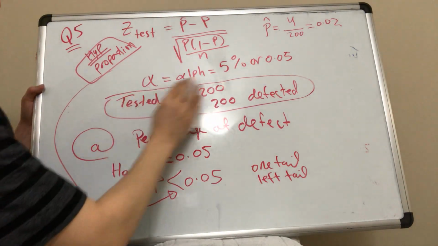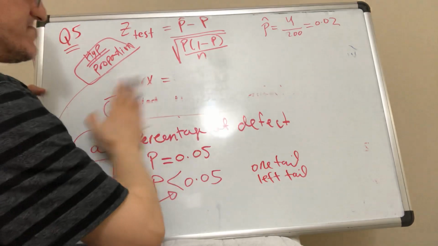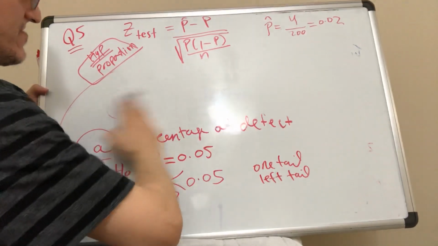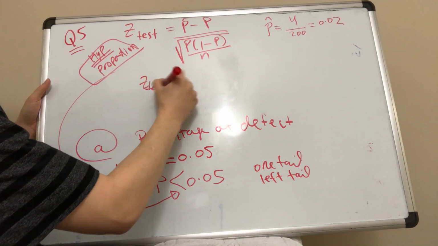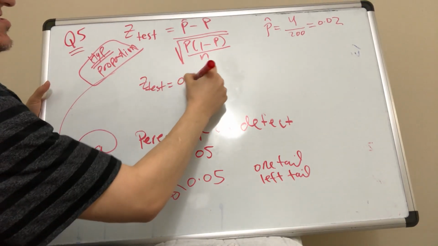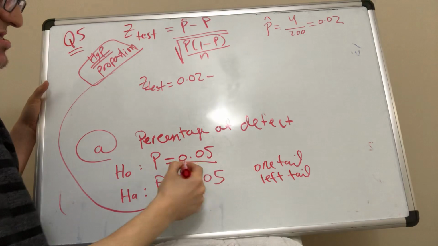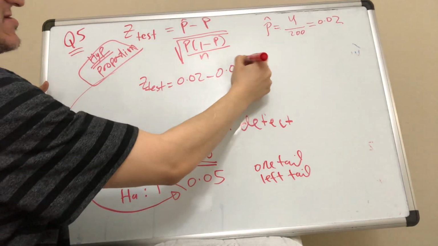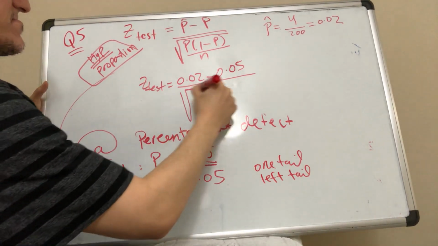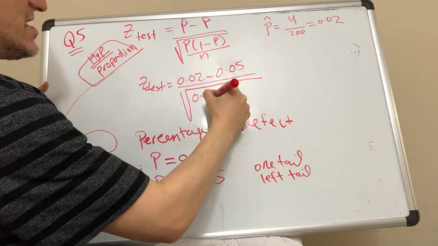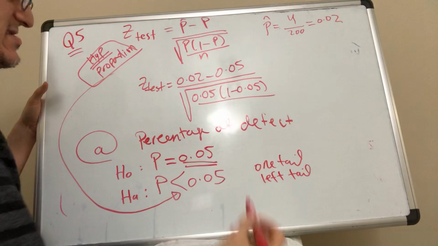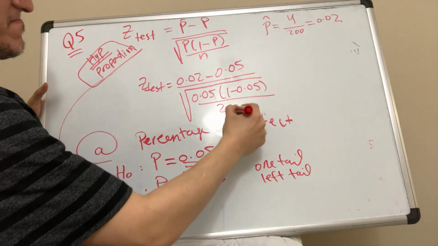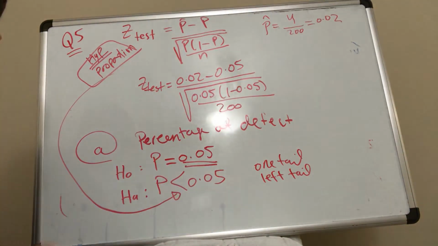Now we put everything in, remember alpha being 5%. So your z-test: p hat is 0.02, p is 5%. This is 5%, 1 minus 5%, and the sample in the question, the 200 people they asked.